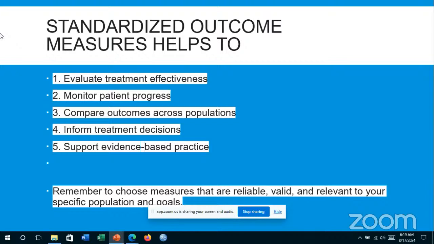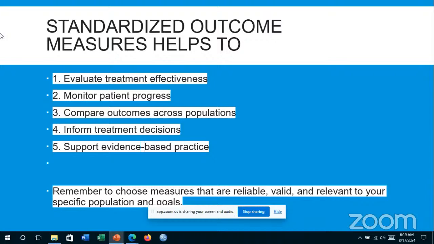So when we are choosing these measures, we need to remember to choose measures that are reliable, valid, and relevant to your specific population and goals. Here are examples of standardized outcome measures.